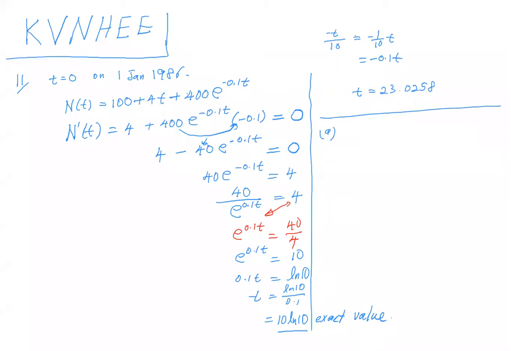Okay. So now we answer part A. They want the minimum number, correct? So we go and 23.0258. So you punch into the calculator and you get the answer. Yeah. Okay, do you have the answer?